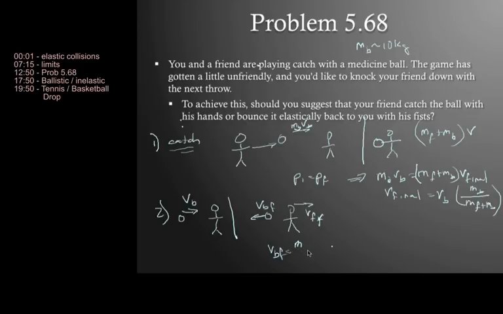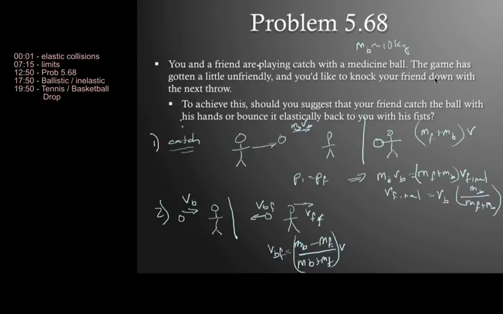We get that from that fourth equation that we saw: the mass of the ball minus the mass of the friend, all over m ball plus m friend, and then v initial.